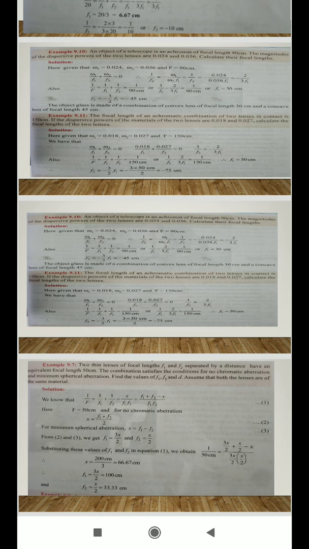By solving equations 2 and 3, we get f1 equals 3x by 2 and f2 equals x by 2.